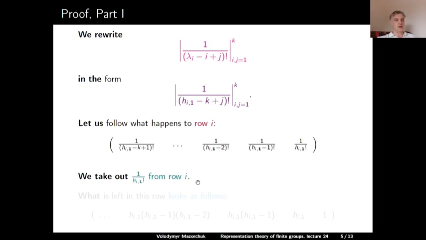We do such a manipulation for every row, but we follow what happens to an arbitrary row, let's say row i. What is left in row i now looks as follows, reading from right to left: 1, then h_i1, then h_i1 times (h_i1 minus 1), and so on.